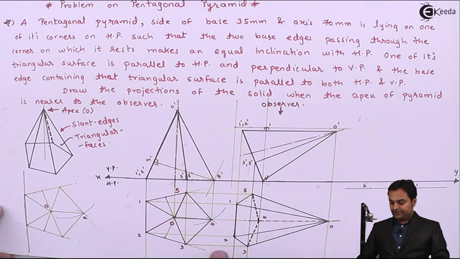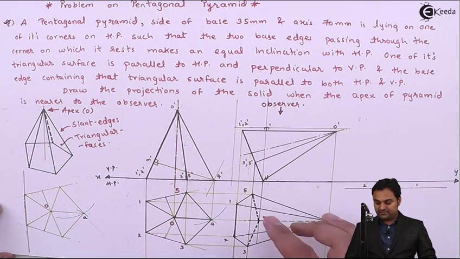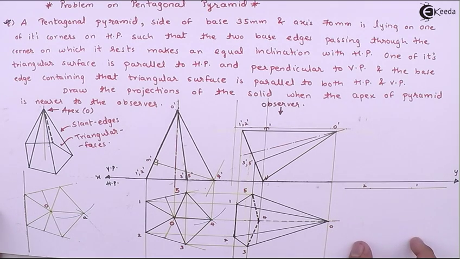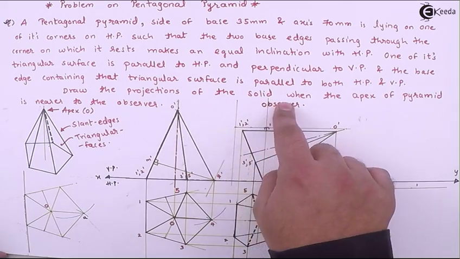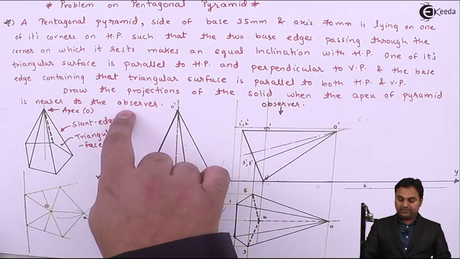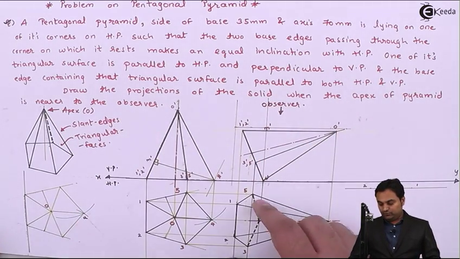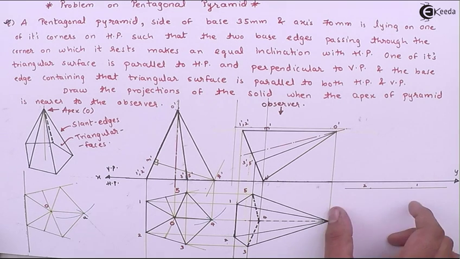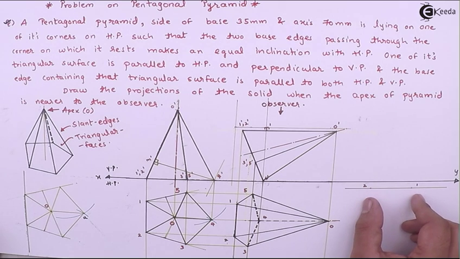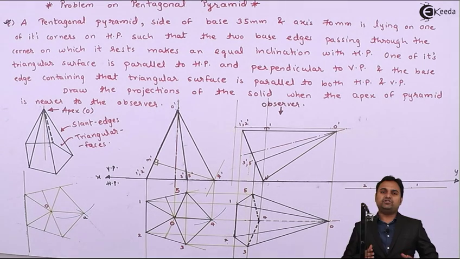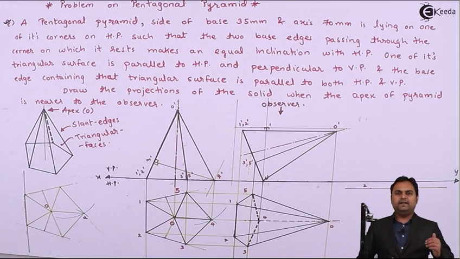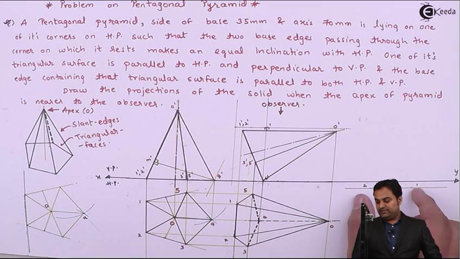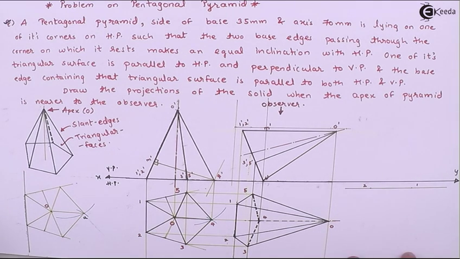Next, I need to plot all the points, that is copy this complete pyramid here in the vertical position, and it is mentioned that draw the projections of the solid when the apex of the pyramid is nearer to observer. So we have to tilt this pyramid in such a way that this apex O is nearer to observer. It means edge is at the top. If the question would have been that the apex is nearer to VP, then this edge 1 to 2 would have been at the bottom.